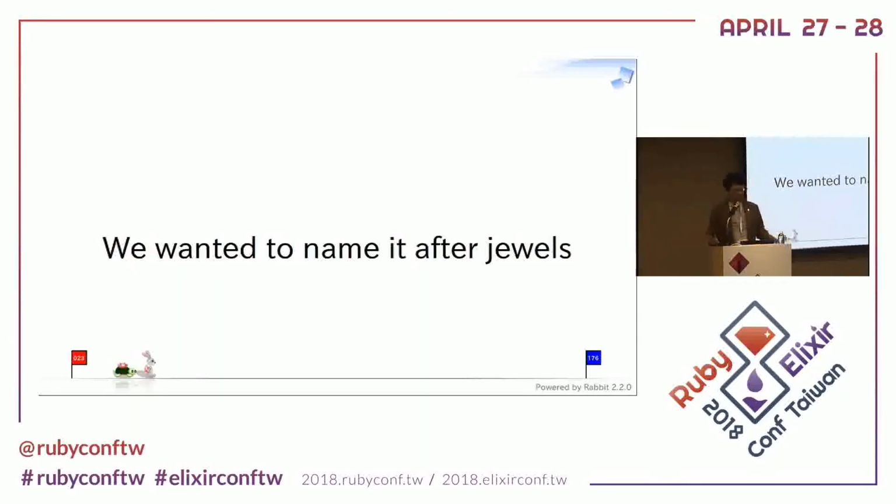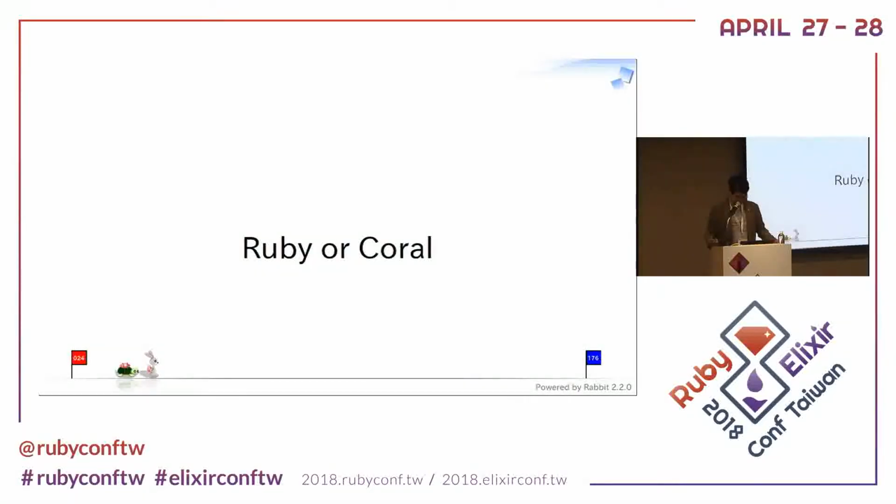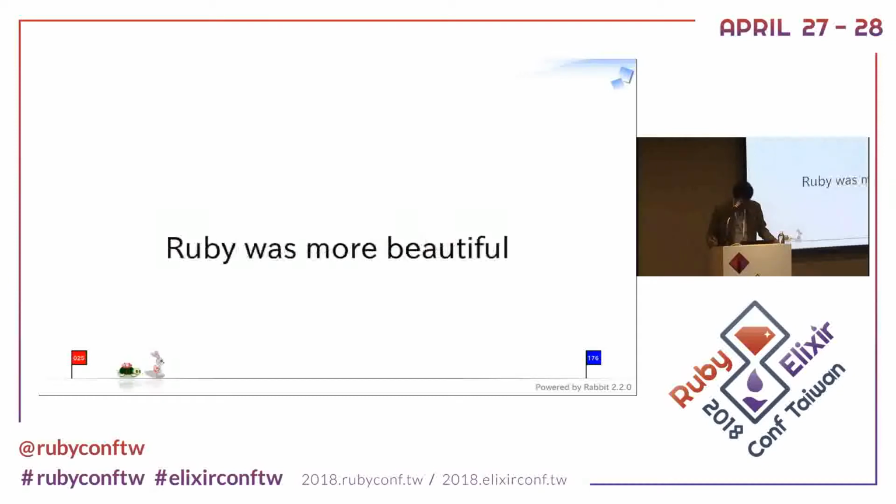Most jewel names are so long and hard to type. It's not very suitable for software names. You don't want to type sapphire every time. So the two candidates left were Ruby or Coral. But Ruby was shorter, more beautiful, and more precious. So I named it Ruby, only 4 letters, even shorter than Python.